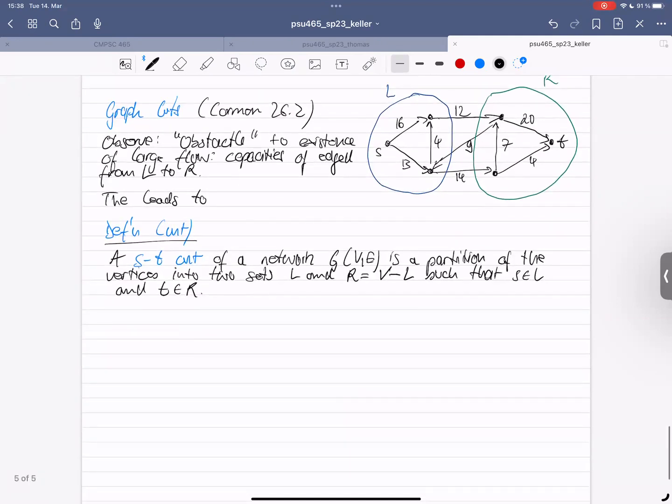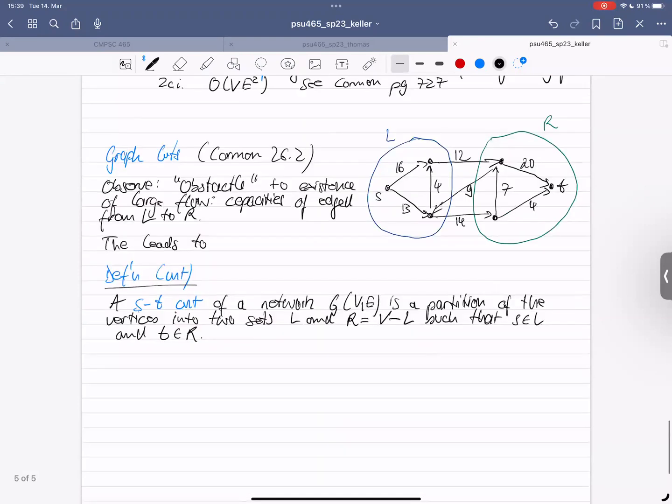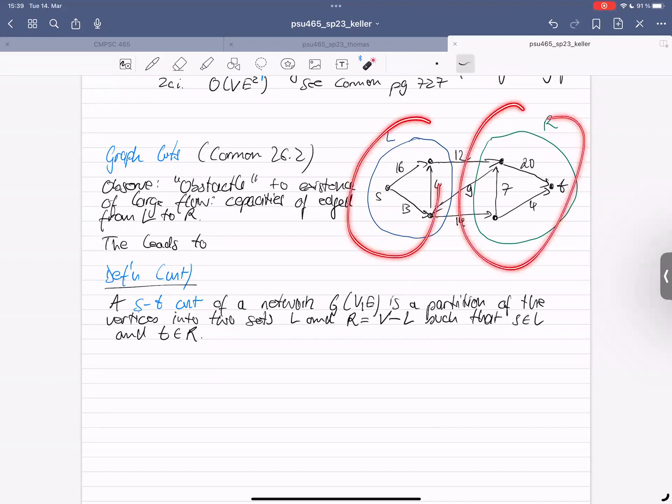So this is what we call an ST cut. It's exactly what we just showed on the top. Just a partitioning of your set of nodes, partition meaning that the union of the two sets forms the entire set, and the sets are disjoint. In addition, we require that L contains the source and R contains the sink. In the following, I will simply refer to this mostly as a cut.